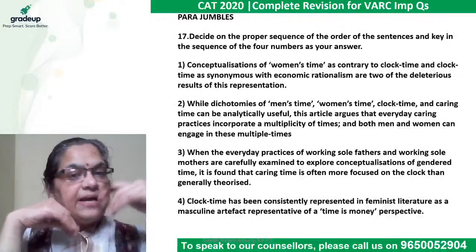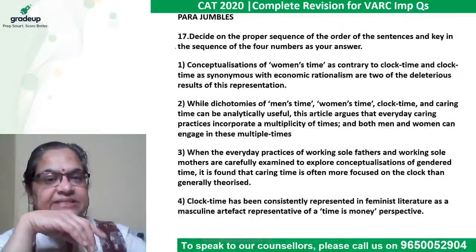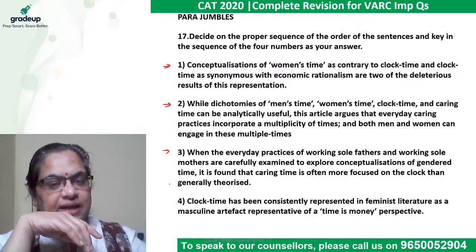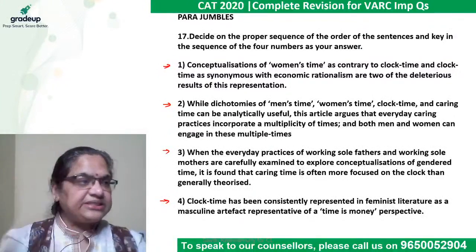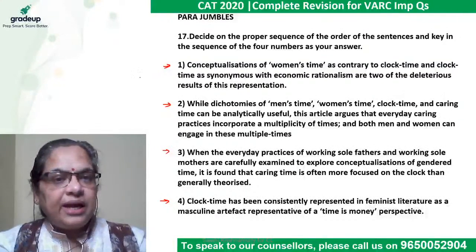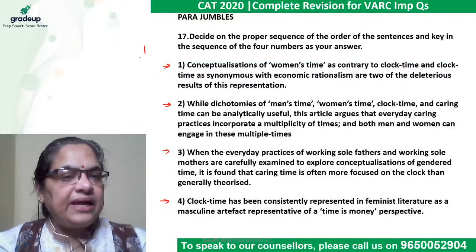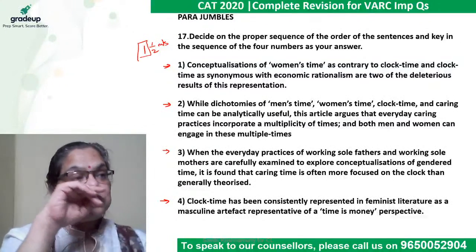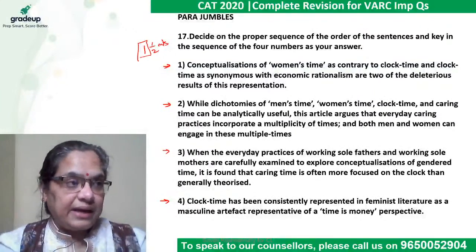What do you think is the approach now for para-jumbles? Please read each sentence carefully. Read it, articulate it, understand it thoroughly. Take about a minute. In the exam, if you take at least a minute to 1.5 minutes, if you have the time, of course, the chances of you getting it right are higher.